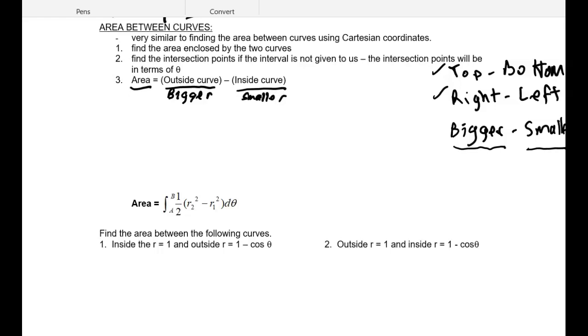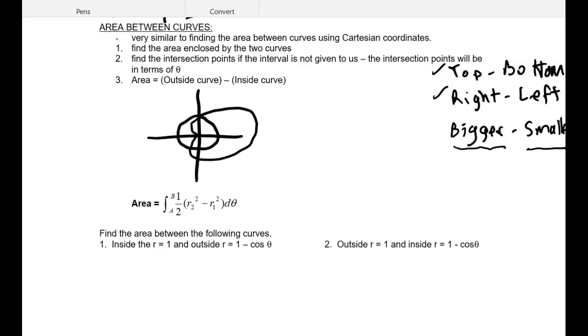So let me draw a couple of examples, and then I can show you how it's similar in some instances and different in others. Let's say I gave you two different polar curves. So let's say we have a circle, and then I gave you a cardioid that looks like this.